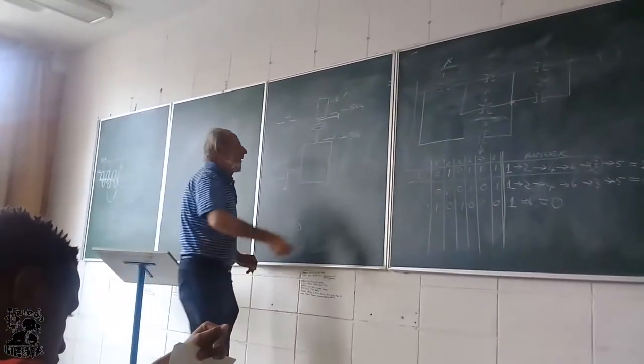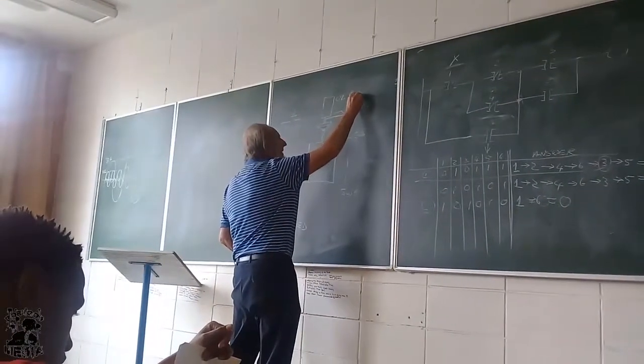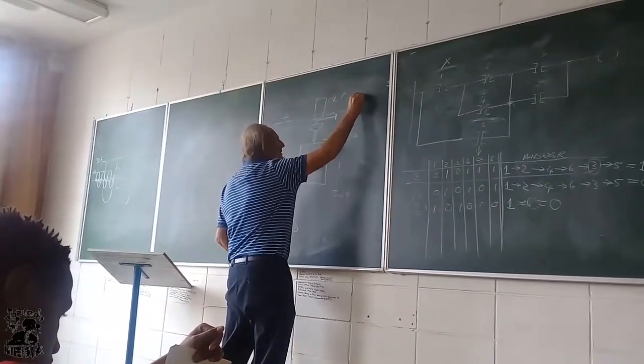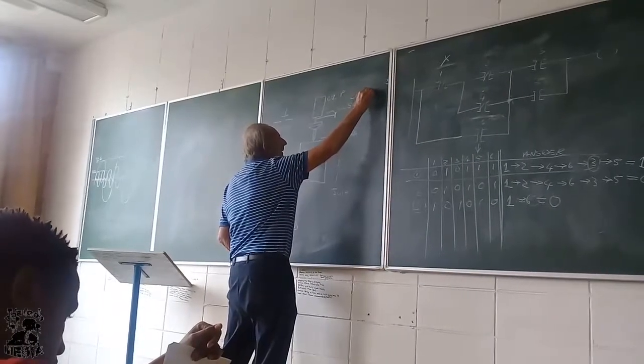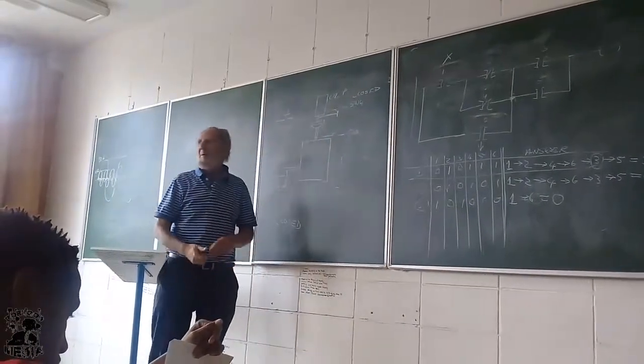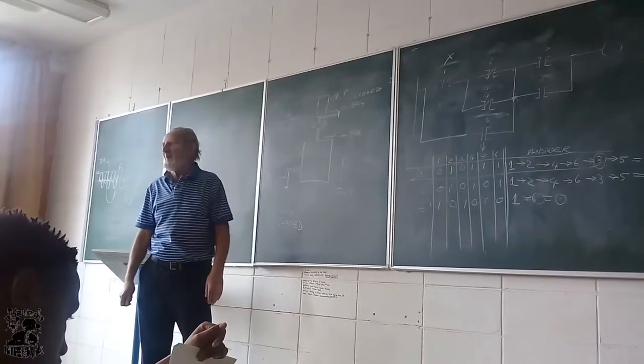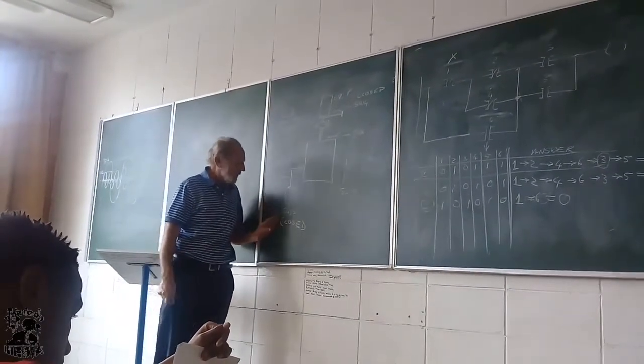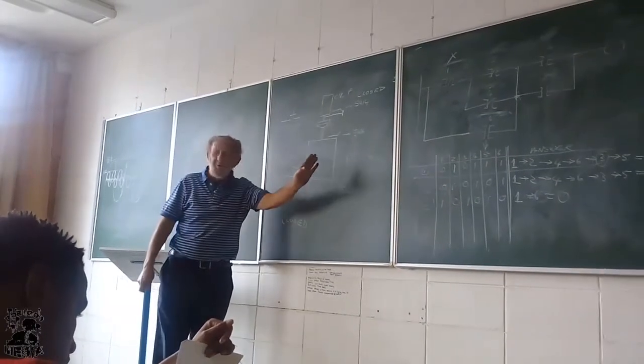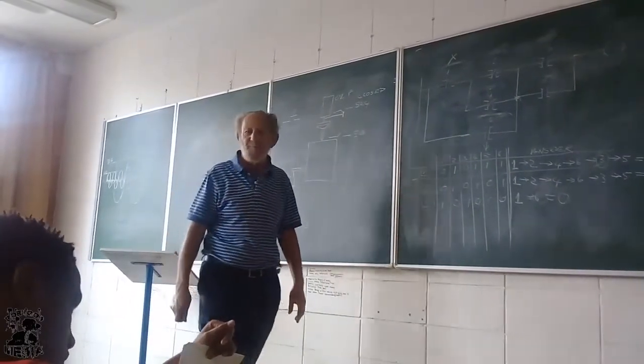So switch 4 is closed in the beginning. When will switch 4 go open? It will go open when cylinder P starts moving down. When will switch 2 go open? When cylinder Q starts moving to cut the groove.